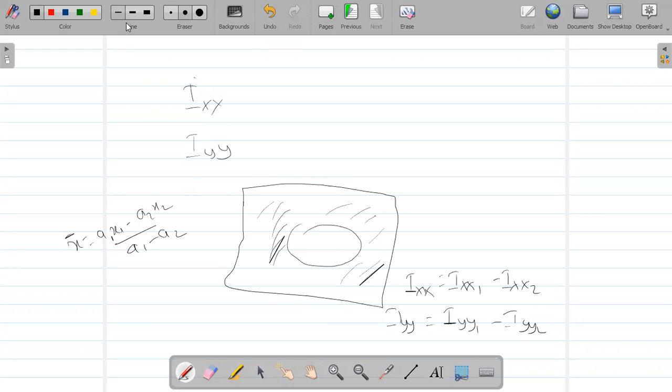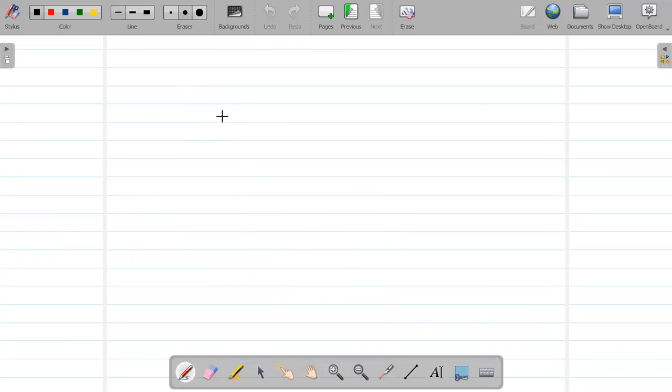Now I will ask you a small question here. Everyone, tell me how to do this problem. So this is my section. We have done the CG of this same problem.